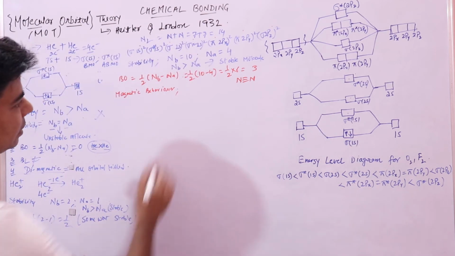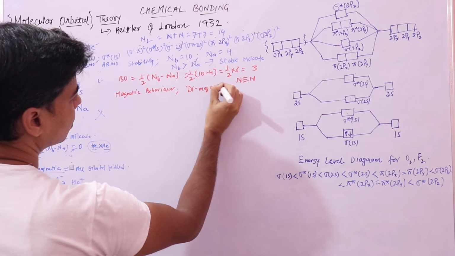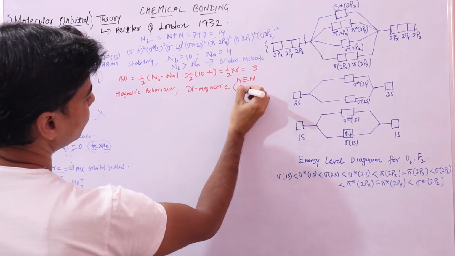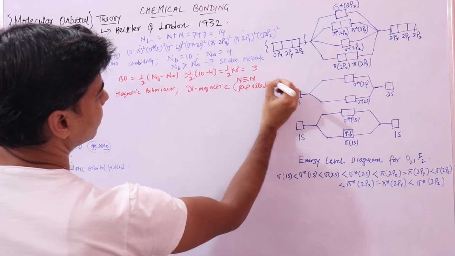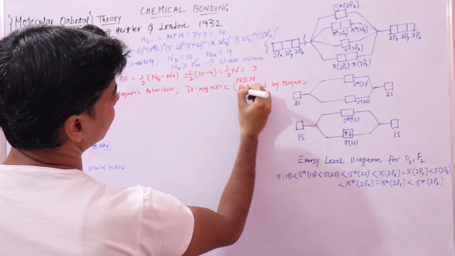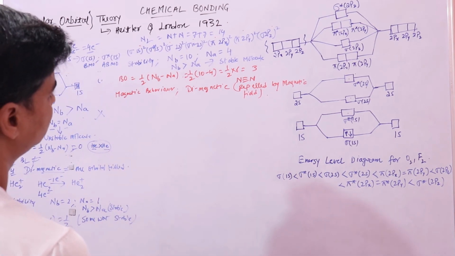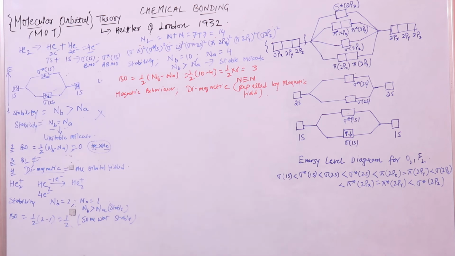That means the magnetic behavior is diamagnetic. Diamagnetic means it would be repelled by a magnetic field. So these are the properties of the nitrogen molecule that we already know, and are now proved from molecular orbital theory.